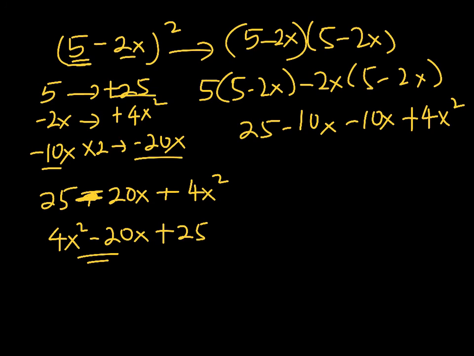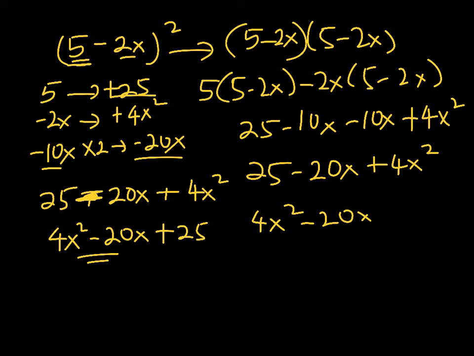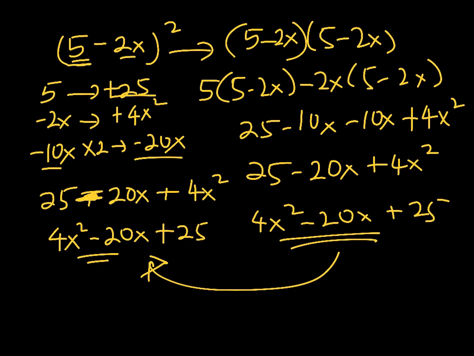So this is 25, negative 10 and negative 10 gives us negative 20x, plus 4x squared. If you rearrange, it becomes 4x squared minus 20x plus 25, which is exactly the same thing that we got here.